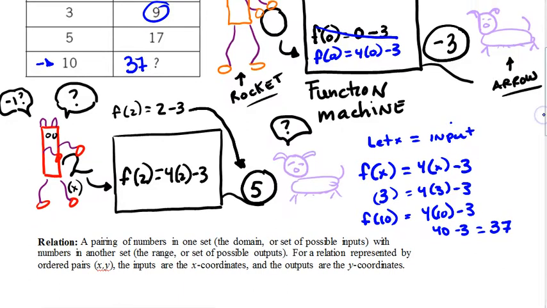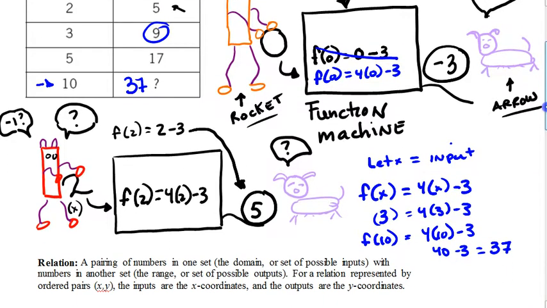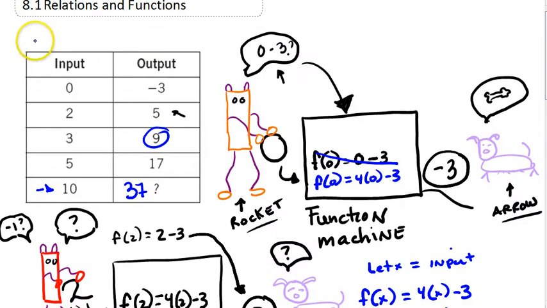So now let's look at a definition of what we're doing. The numbers in our table are what we call a relation, or a pairing of numbers in one set, the domain or possible set of inputs. So basically what that's saying is an input is what we call the domain.